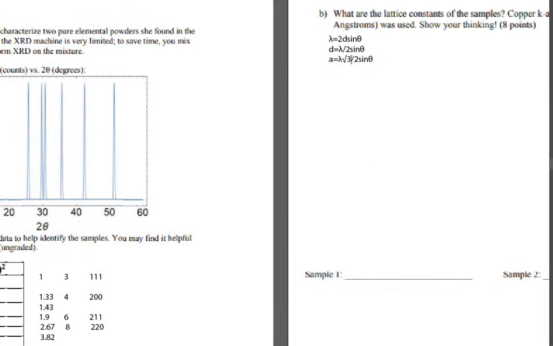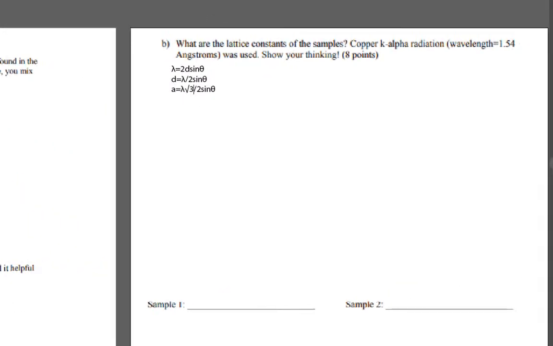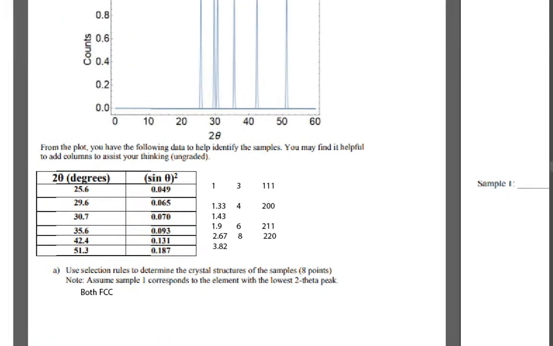So let's do that. The lambda that we have here is 1.54 angstroms. Multiply that by the square root of 3, which is the number that we select. Divide the thing by 2 sine theta. The sine theta was given, so we should get that the first one is 0.049.